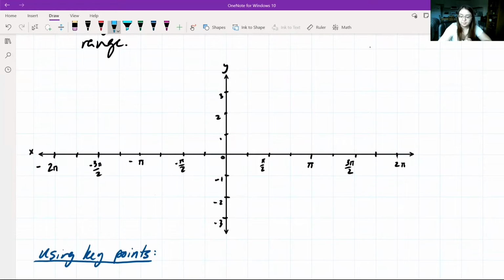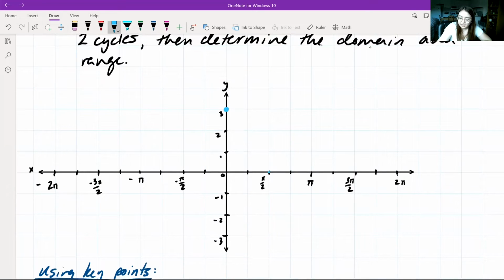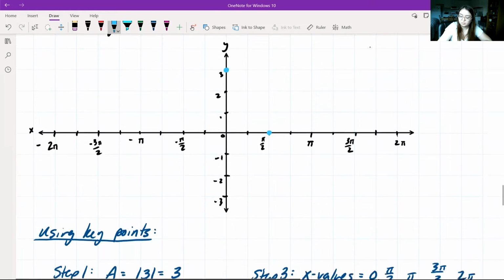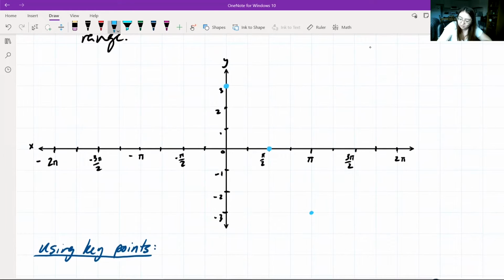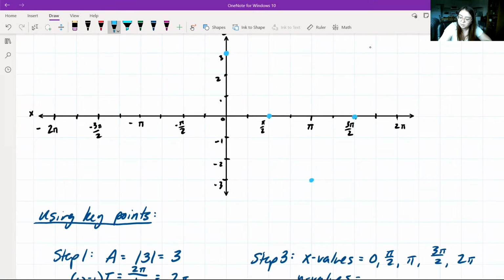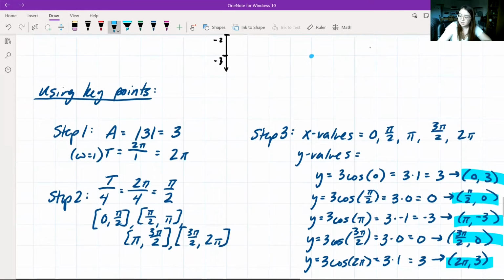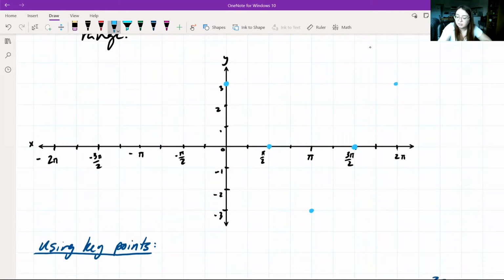So all right, our first point is at 0, 3. And our next point will be at pi halves, 0. And our next point will be pi, -3. Our next value is 3 pi over 2, 0. And our last point, 2 pi, 3.